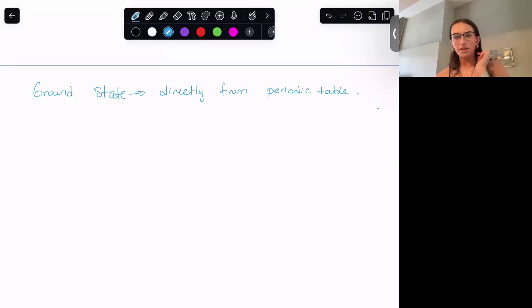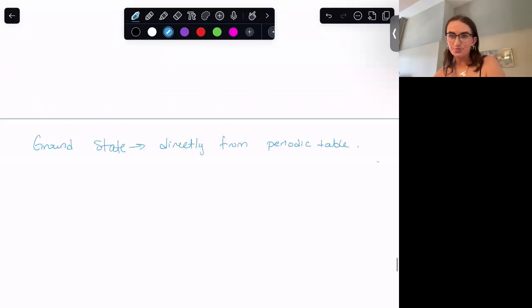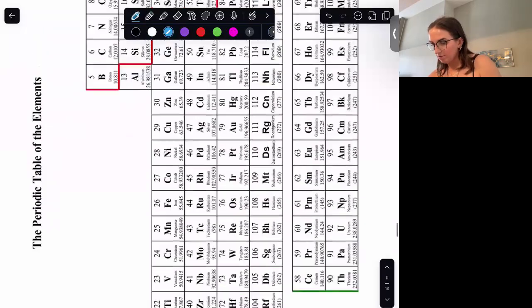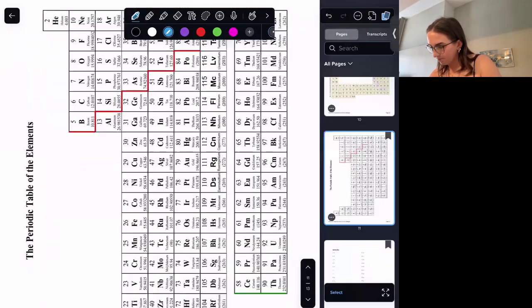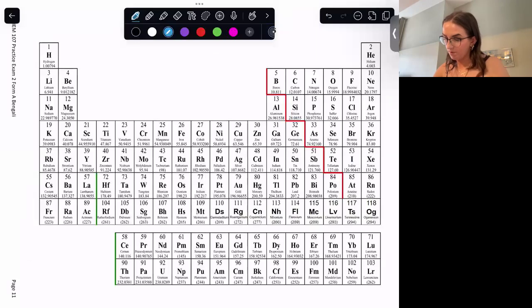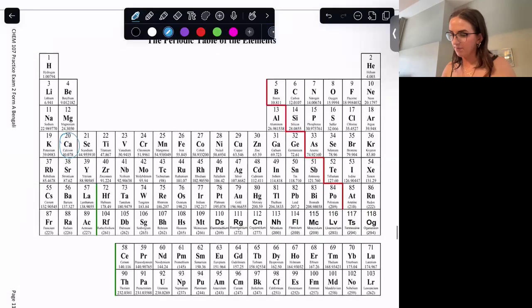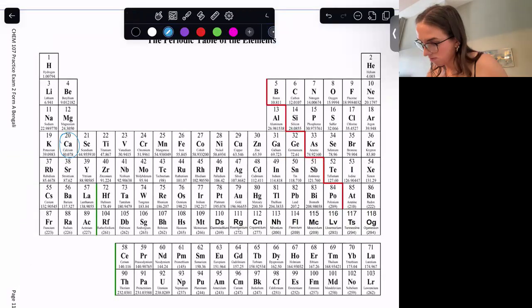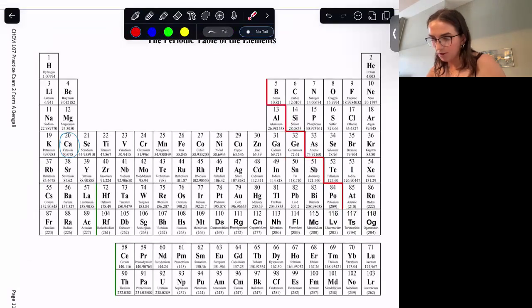Okay, so if we have something like calcium, then that means that from the periodic table in its ground state, you're going to start with H, 1s1, 1s2, 2s2, 2p6, 3s2, 3p6, 4s2.